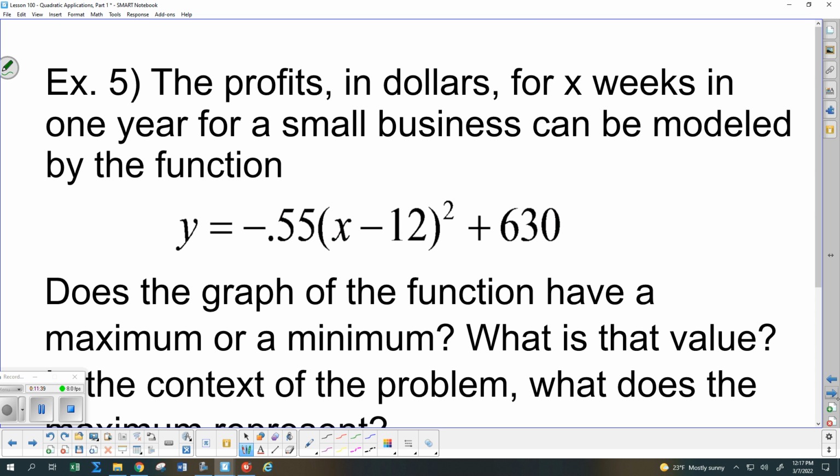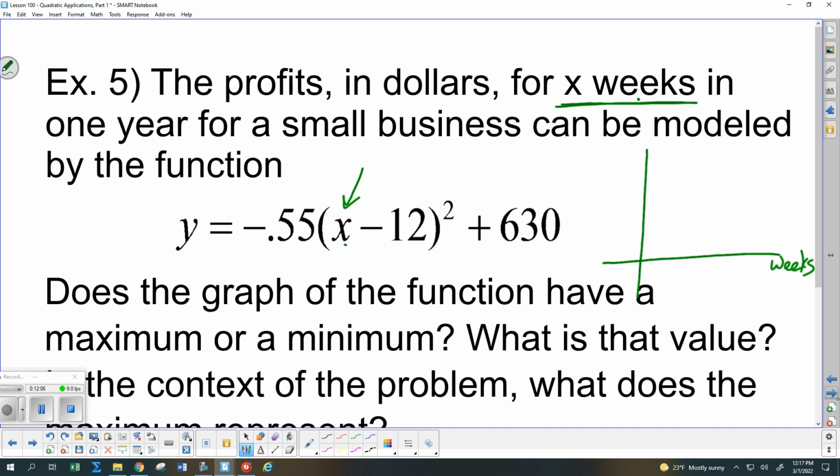So they give us this equation, and they say the profits are in dollars, and they say x weeks. So x is in here, it's the independent variable. That means when we do draw a graph, this is going to be the number of weeks the company's been operating, because the x is right there. That's where the independent variable goes, and they tell us x is weeks.